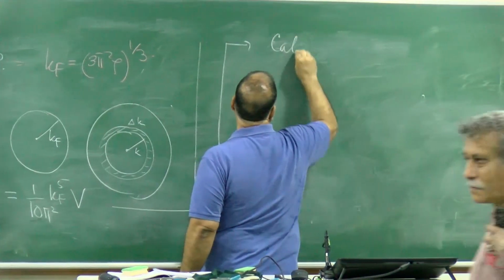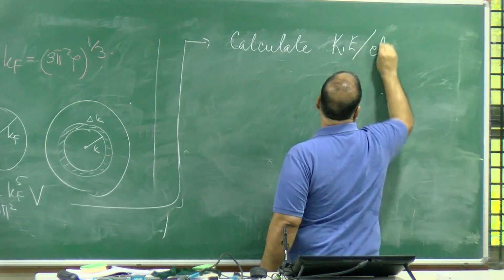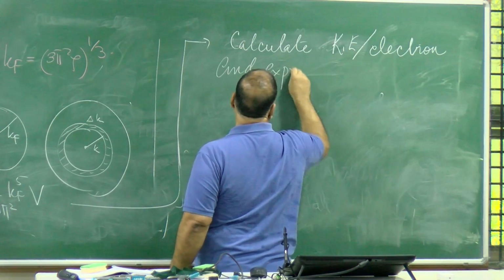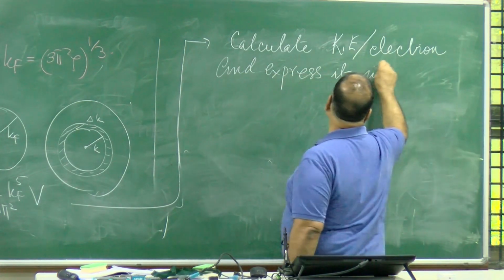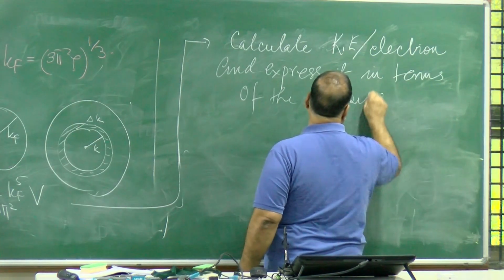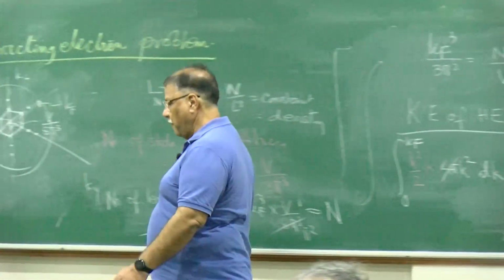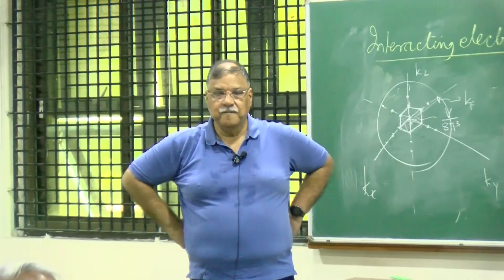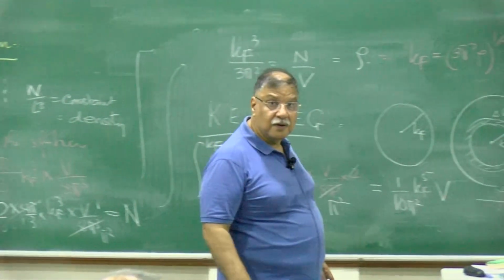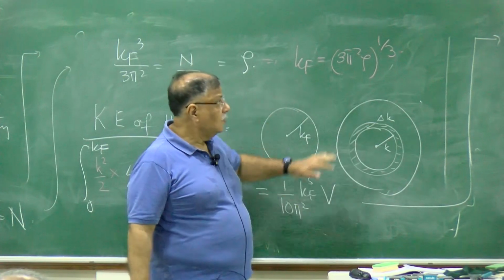From this, calculate the kinetic energy per electron and express it in terms of the density rho. Yes. This is kF, yes. Yeah, do it.